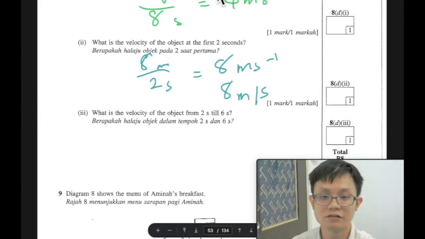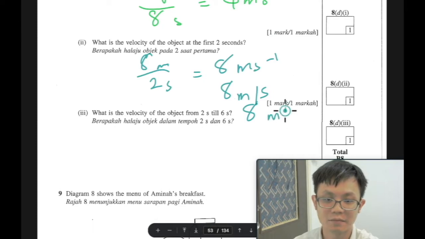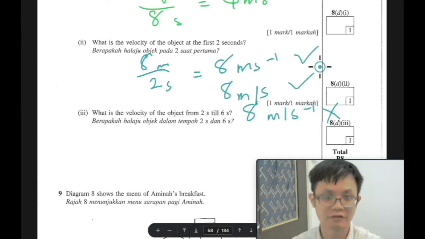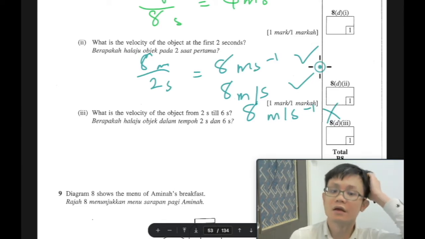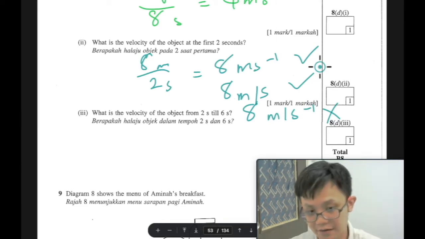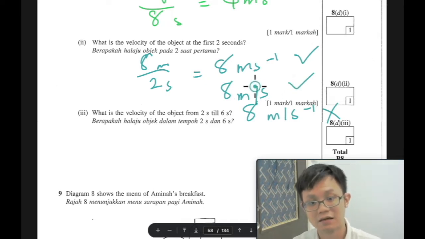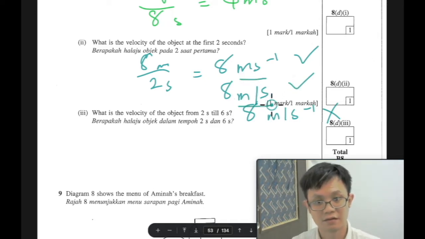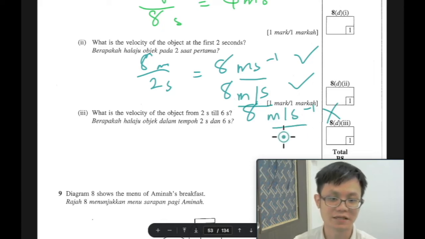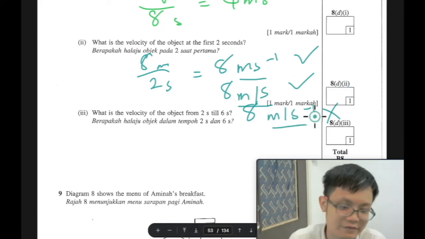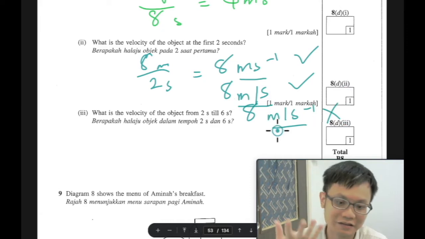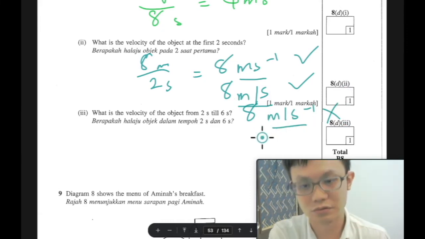But please do not write m over s negative 1. This one is wrong, this one is correct, this one is correct. Usually students get this correct, but get marks wrong because they didn't write the unit. This is the common mistake. Some smart students do very fast, but if you didn't write the unit, you get 0.